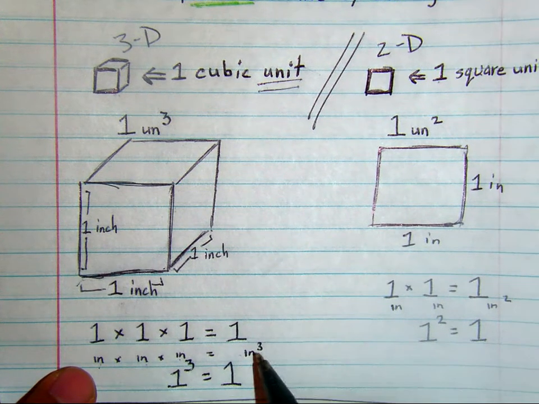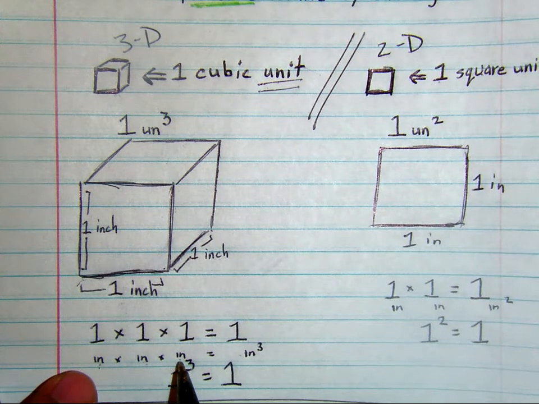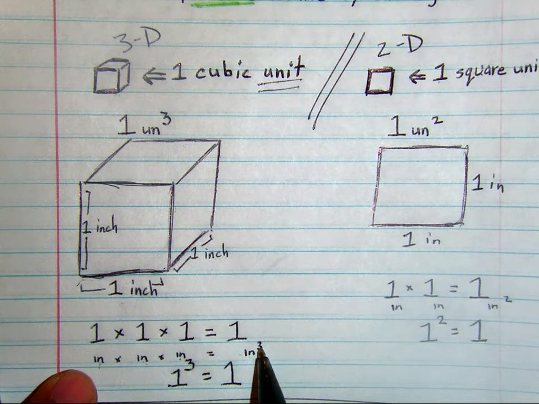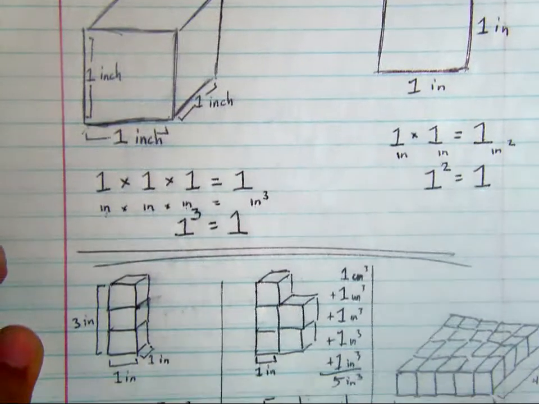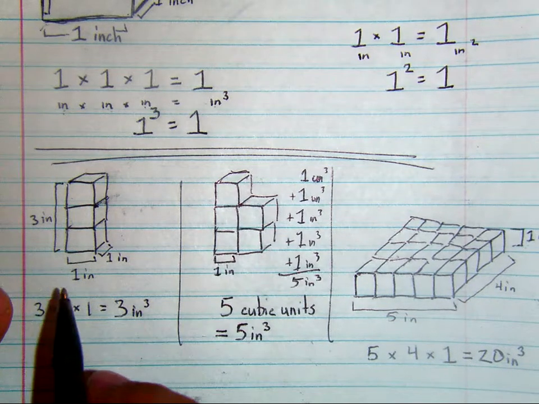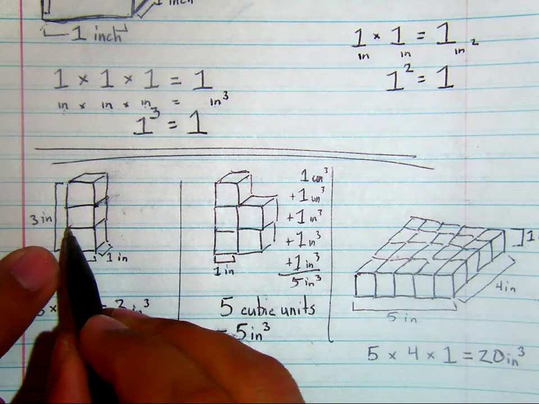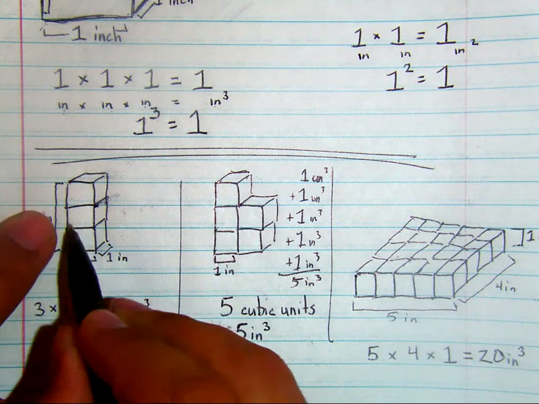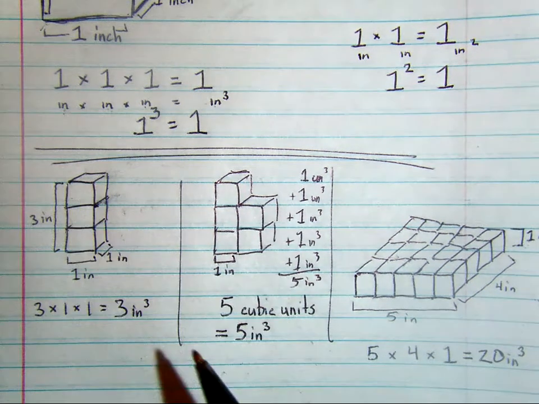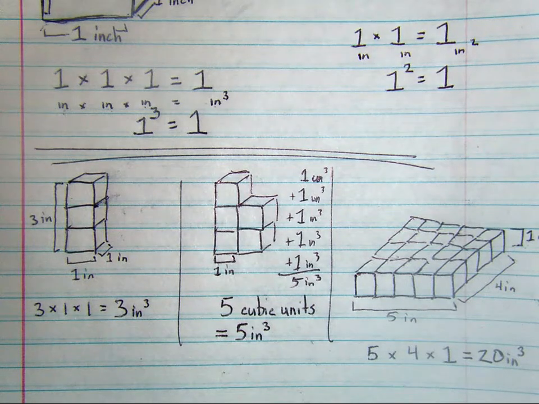And so whenever you multiply the same thing repeatedly, you can use an exponent to represent how many times it's being multiplied. So then when you start looking at specific examples of this, and you start actually measuring by counting unit cubes, you can see that this example has 1, 2, 3 unit cubes. You can count them, and you can say it's 3 unit cubes.